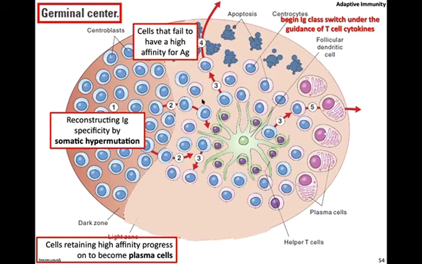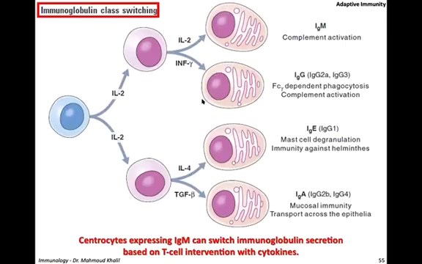So here, this will be the centroblast, and upon the activation of interleukin-2, it can differentiate to a centrocyte that, with further activation by either interleukin-2, interferon gamma, interleukin-4, or TGF-beta, can differentiate into different types of plasma cell that are capable of secreting different types of antibody to suit different functions of the immune system.